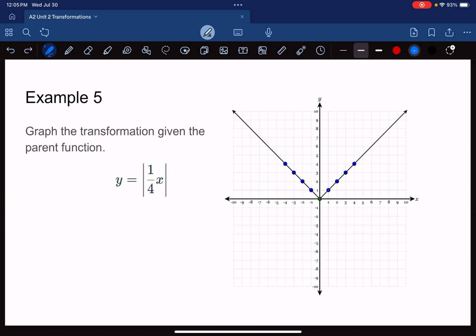So this point at 1 multiplies out to 4, and the point at 2 is going to multiply out to 8. Okay?